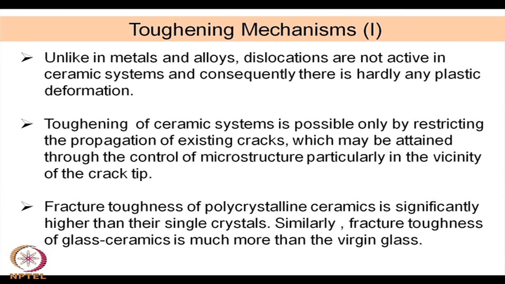They fracture very easily, and not only that, when they fracture there is a catastrophic failure. So, we have to see whether it is possible to make these ceramic materials a little tougher.